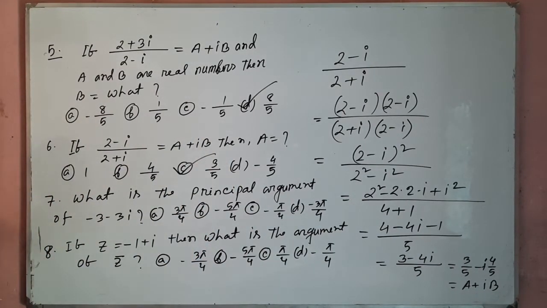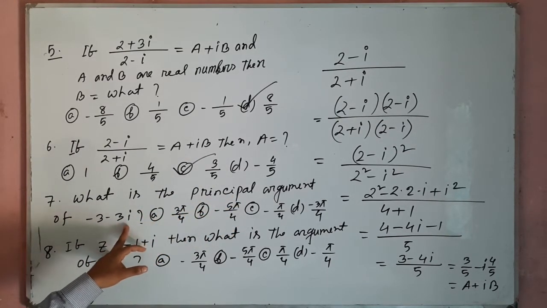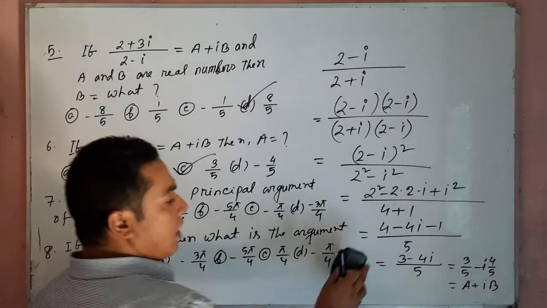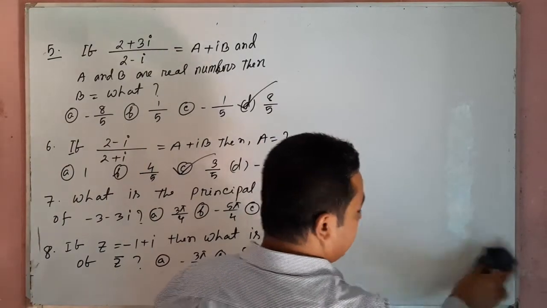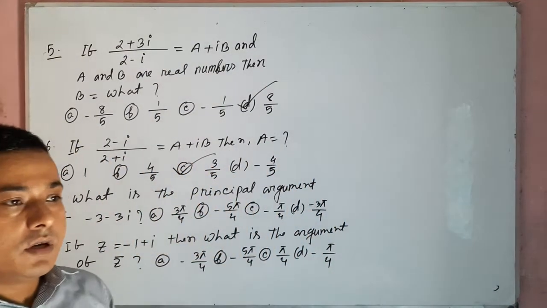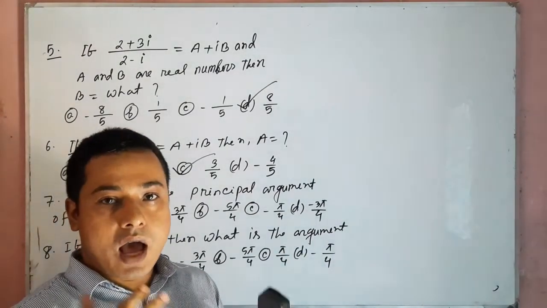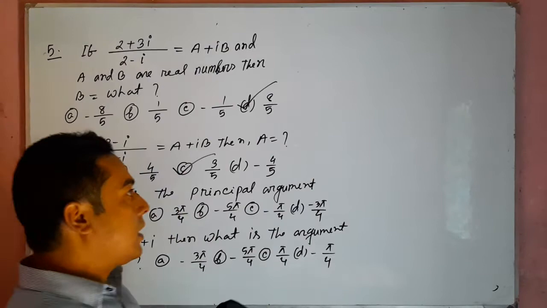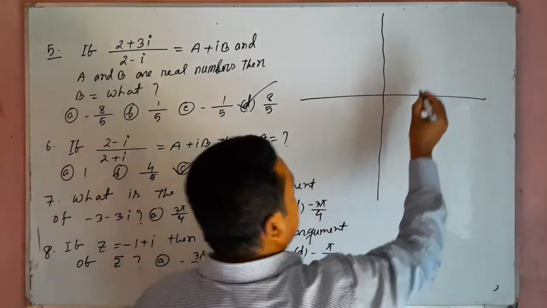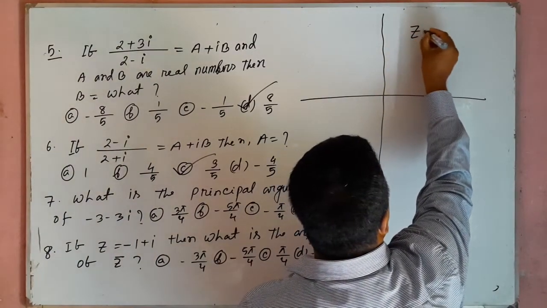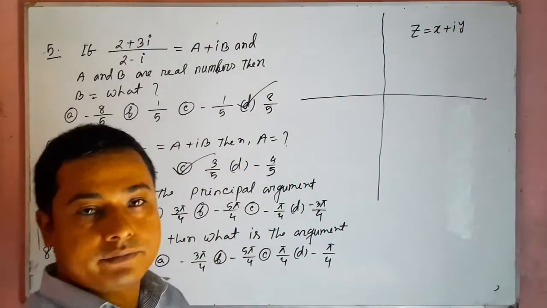Okay, now what is the principal argument of this? How can we find the argument of a complex number? You just have to memorize this process, then you will find the argument of a complex number. But how? Just think, if complex number z is equal to x plus iy, it lies in the first quadrant.